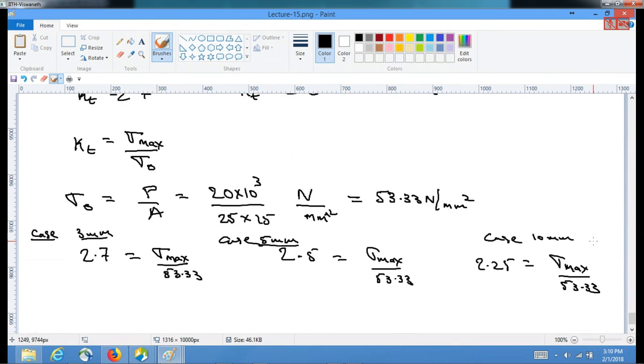Okay, so accordingly we can see that 53.33 times 2.7 gives, in the first case, sigma max of approximately 144 Newton per mm square.